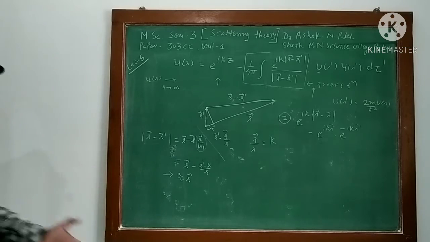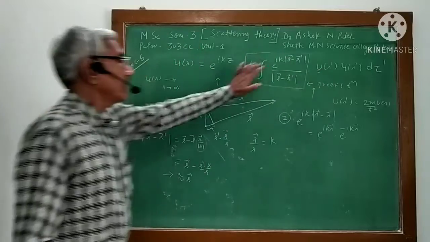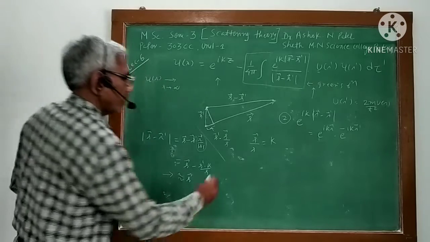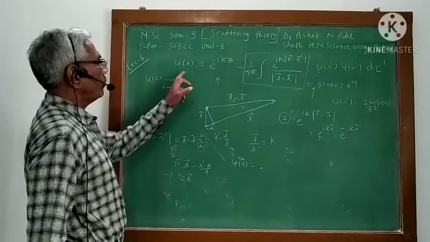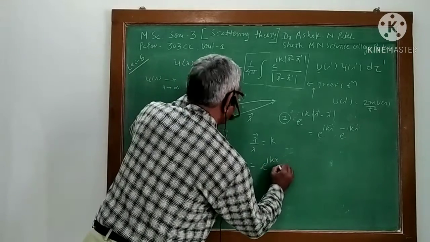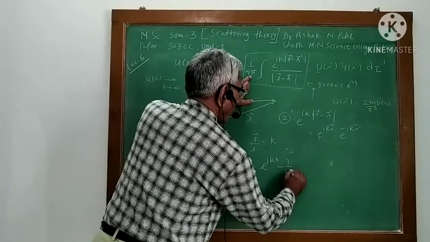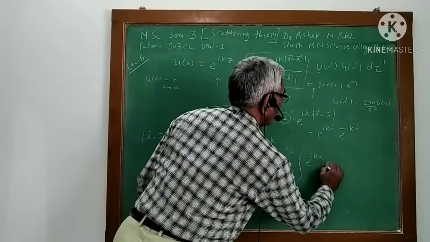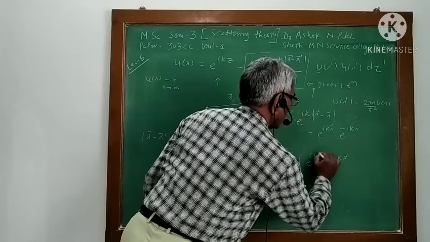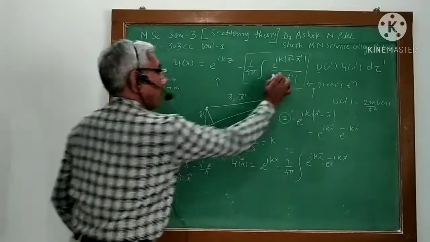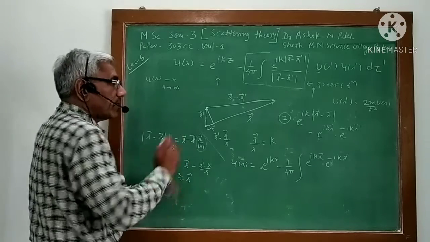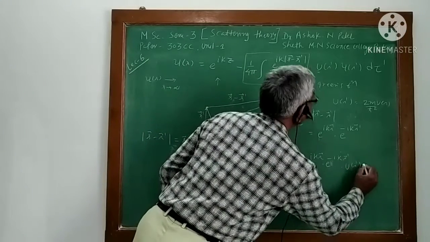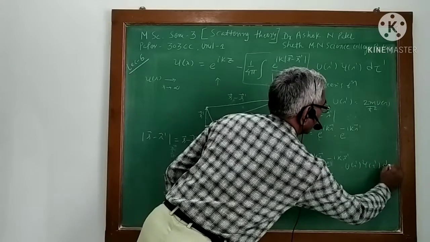Okay, so now this solution, in case of r tends to infinity, it will become u(r) equal to e^{ikz} minus 1 upon 4 pi integral, this is e^{ikr}/r into e^{-ik r'} into, in case of approximation, r into u(r') into dτ'.